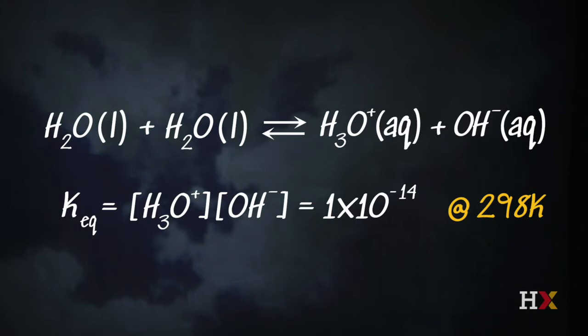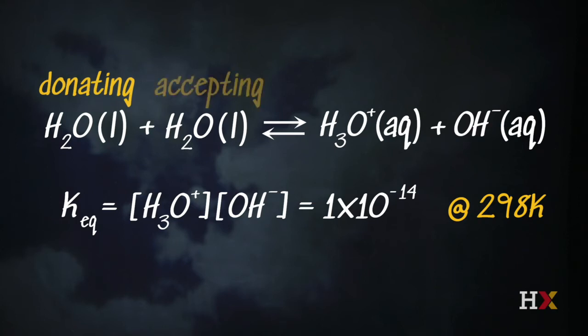Okay, but look what this says. It says something very important. It says that one water molecule is donating an H+, and the other is accepting an H+. And therein lies the characteristic of water making it amphoteric, the ability to either donate or accept H+. Well, we know that this is going to be related to a Gibbs free energy surface, but let's explore something.